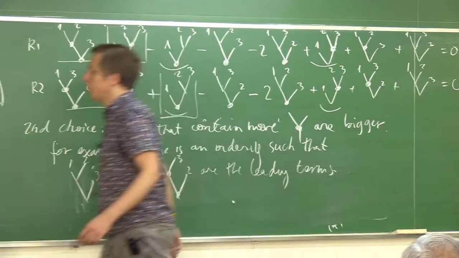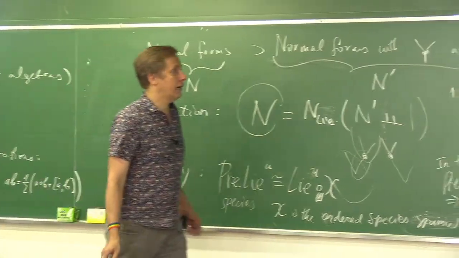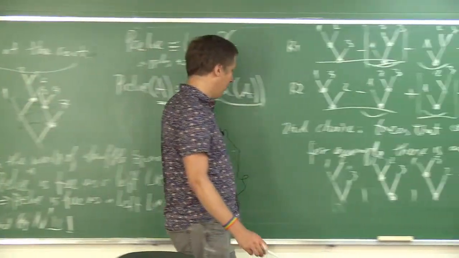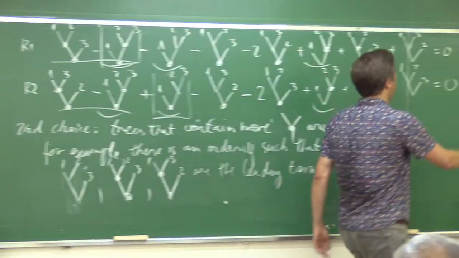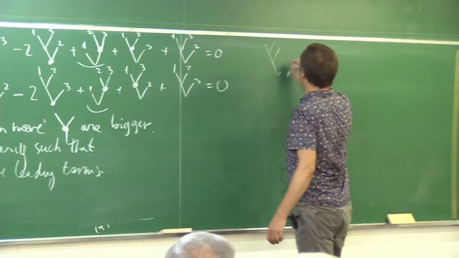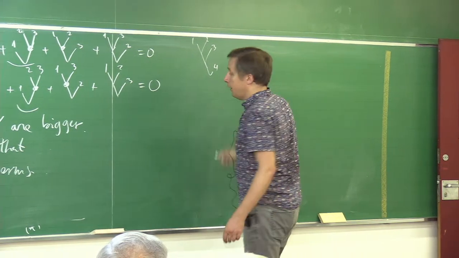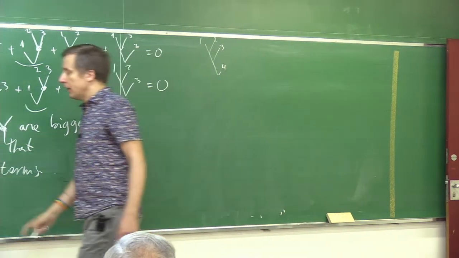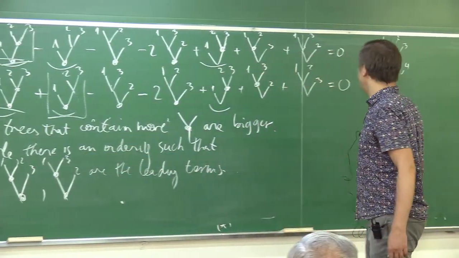So what do we need to do now? There are several different overlaps. There is one overlap of the new leading term of the Jacobi identity with itself. And in fact, there are 6 different overlaps between these guys.